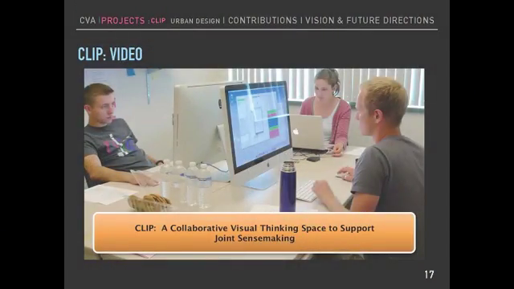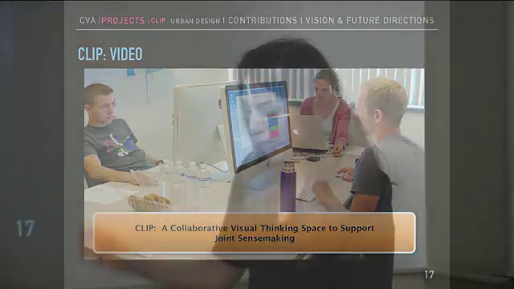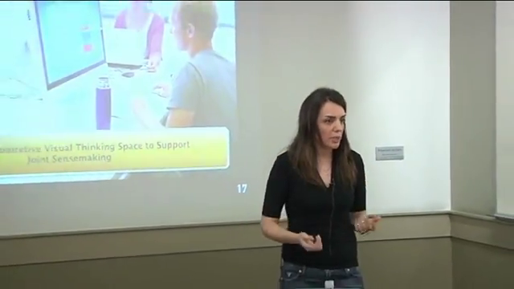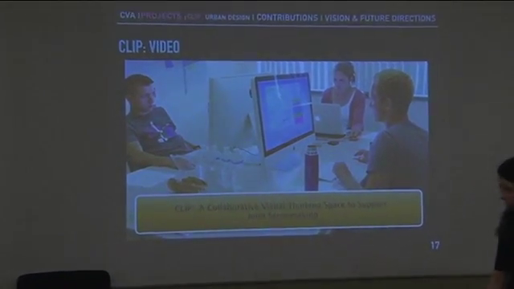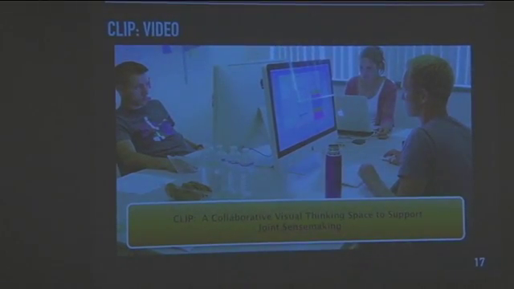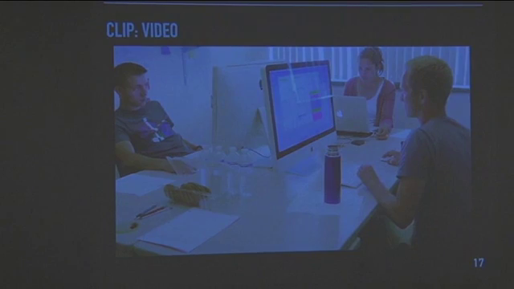So here's a very quick video of CLIP where you see the main interface. The idea was that this is a collaborative visual thinking space rather than just going through the data. CLIP is a collaborative visual thinking space to support collaborative sense making.